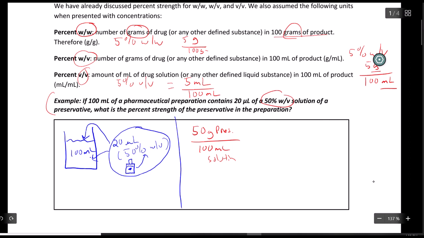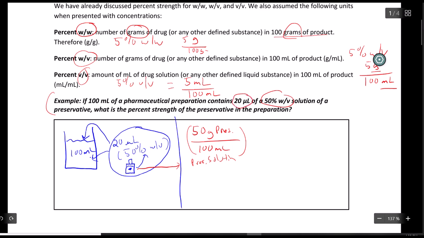This is the preserved solution. This one right here is what we're talking about. Inside of that drop that we put in there, how much drug is in there? Well, we know that there's 50 grams of preservative in every 100 mLs. How much is there in 20 microliters?